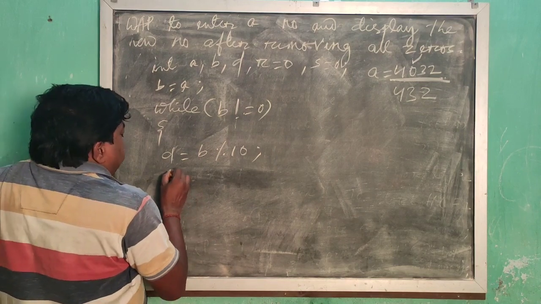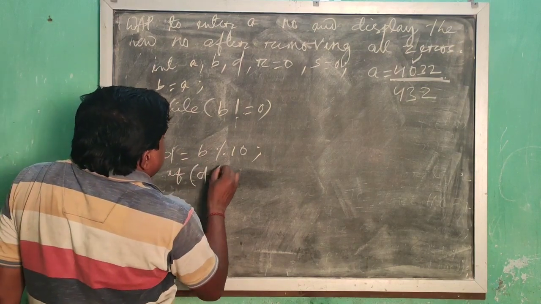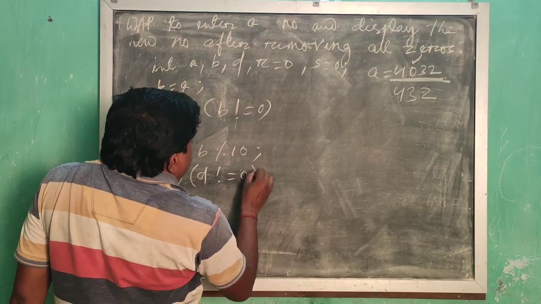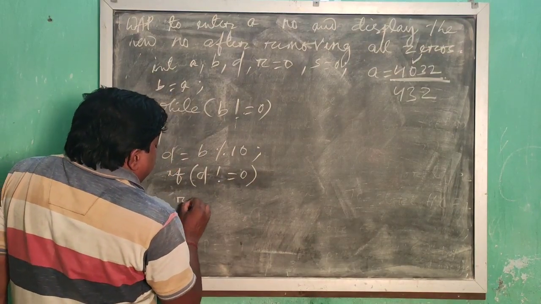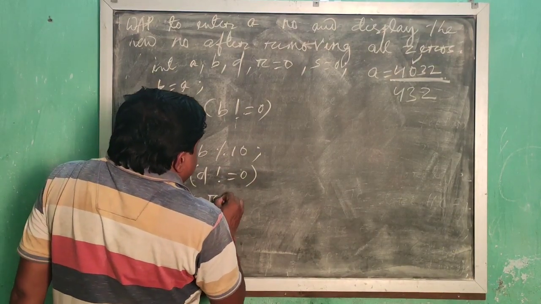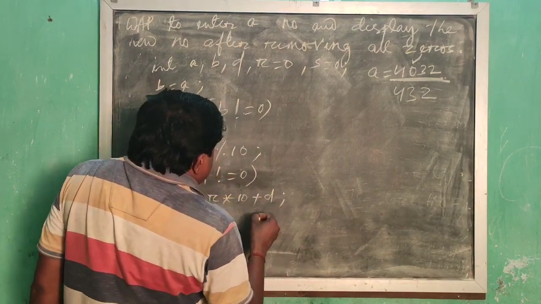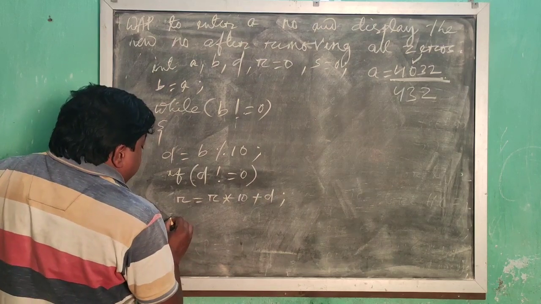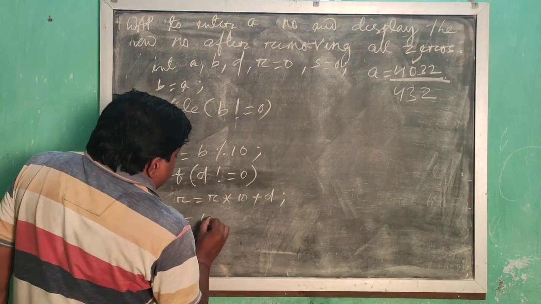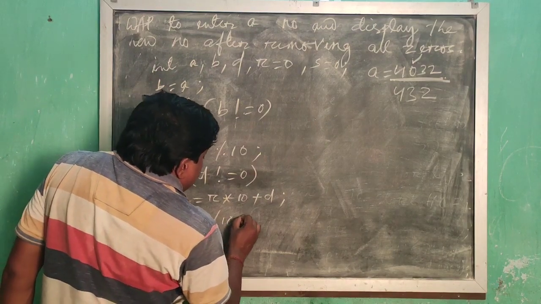Here you write if d is not equal to 0, then r equal to r into 10 plus d. After that you write b equal to b divided by 10.